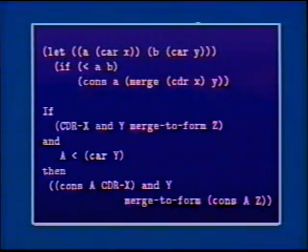And if you want to be very explicit about what the logic is there, what's really going on is a deduction, which says if you know that some list, call it cdr of X, and Y merge to form Z, and you know that A is less than the first thing in Y, then you know that if you put A onto the cdr of X, then that result and Y merge to form A onto Z. And that's the underlying piece of logic.